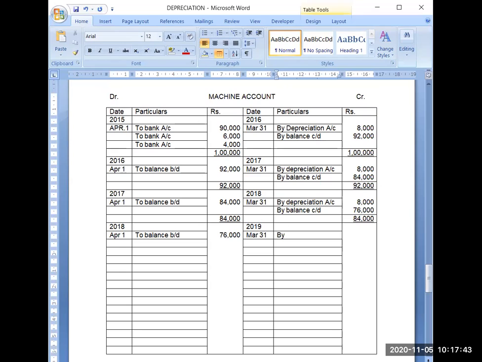Okay, now by depreciation account, and the amount will remain the same, 8,000. Here I will be calculating the balance. Now I will again total this side first. Here I will write the total 76,000.